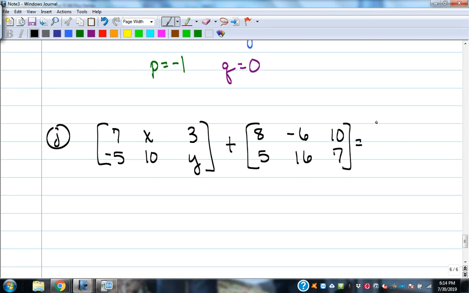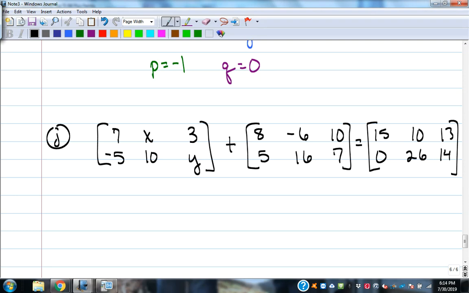So here we finally have an equals. It should be a two row by three column matrix. 15, because 8 plus 7 is 15. So that's what has to be there. And then 10 and 13. And then the bottom row is going to be 0, 26, and 14. All right.